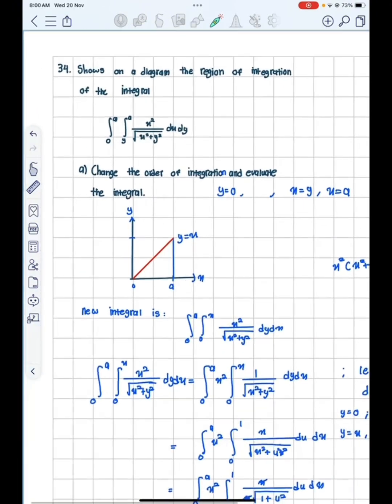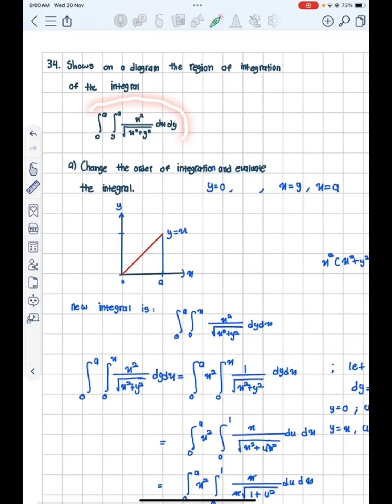So we are given this integral, and for part A of this question, we are asked to change the order of integration and evaluate the integral. So from the limits, you can get your range. Basically, you will get y equal to 0, x is equal to y, and x is equal to a.